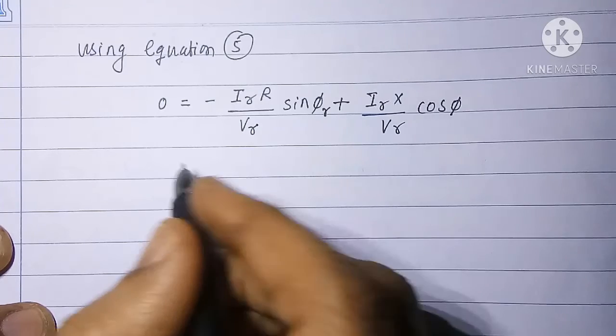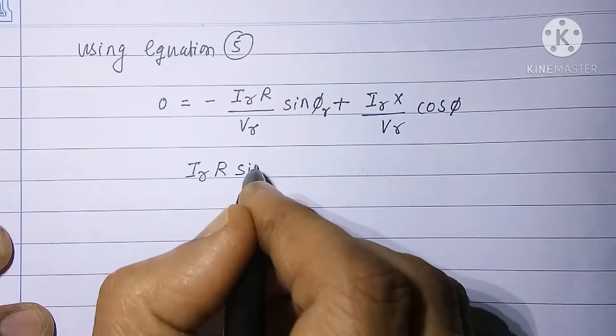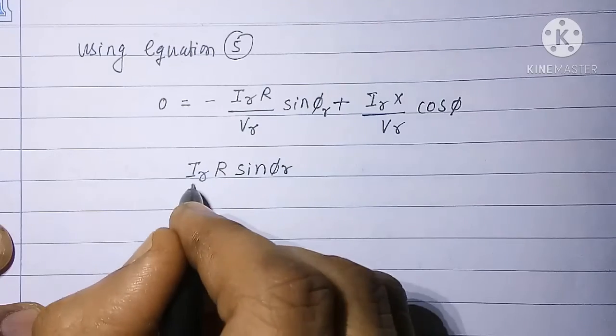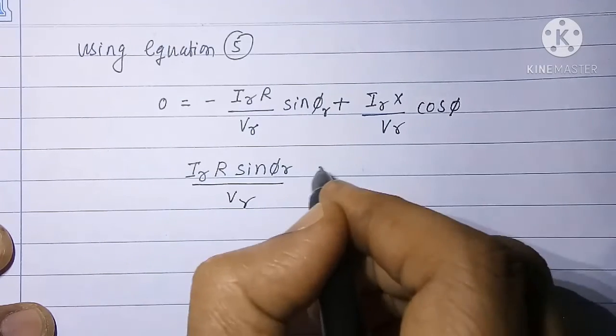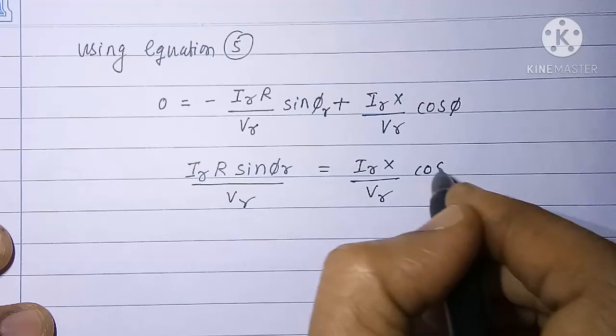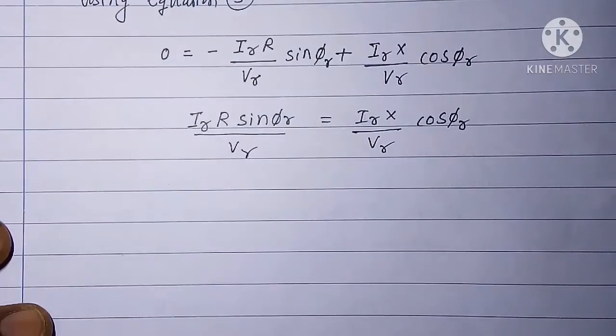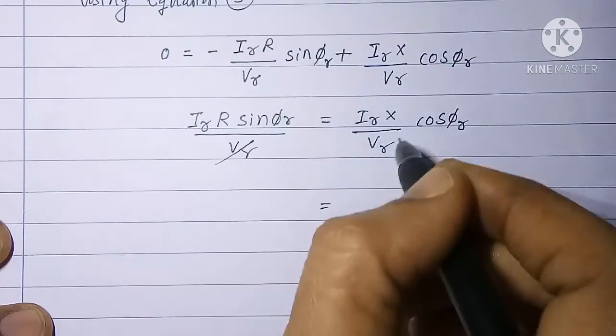Now we get IR into R into sin phi r upon Vr equal to IR into X upon Vr into cos phi r. Vr and Vr will cancel.